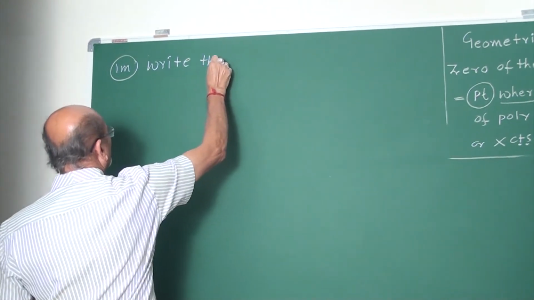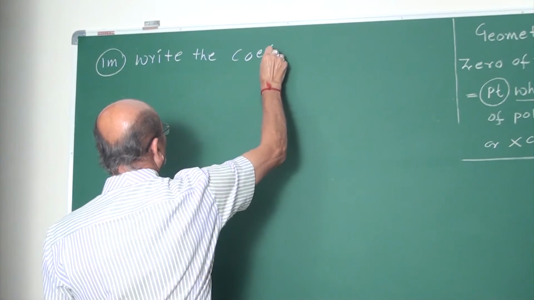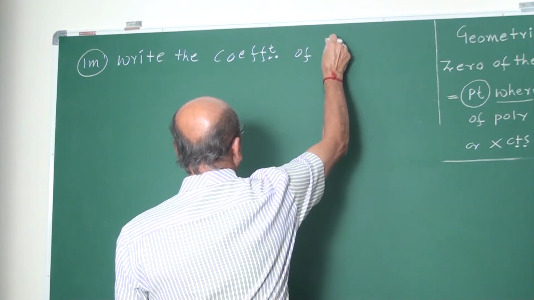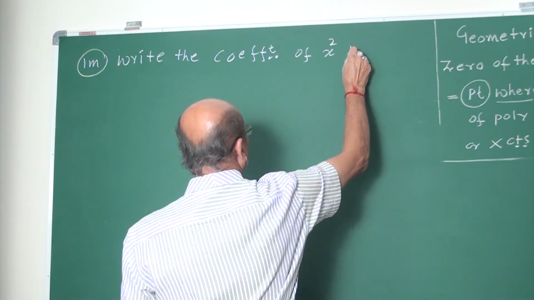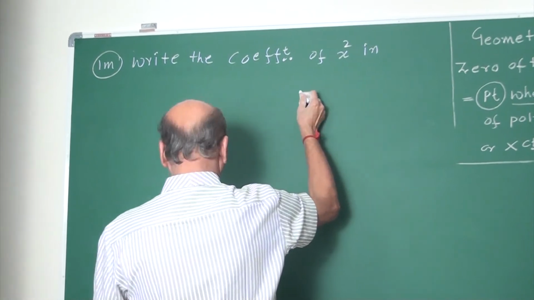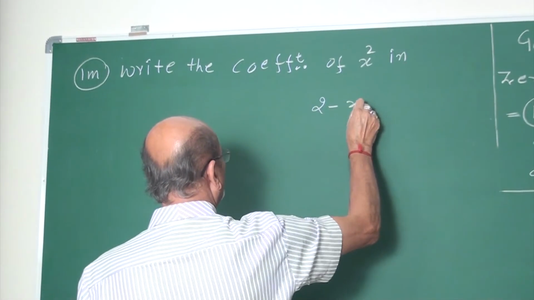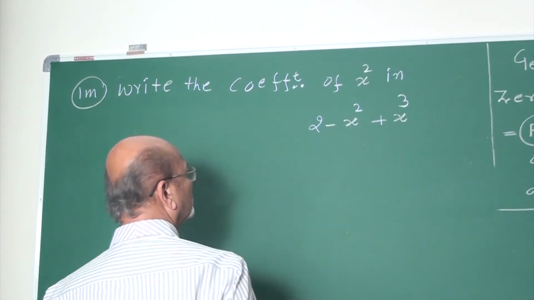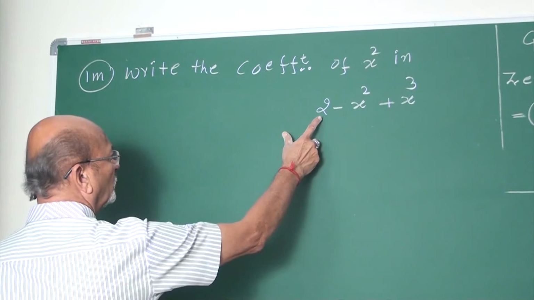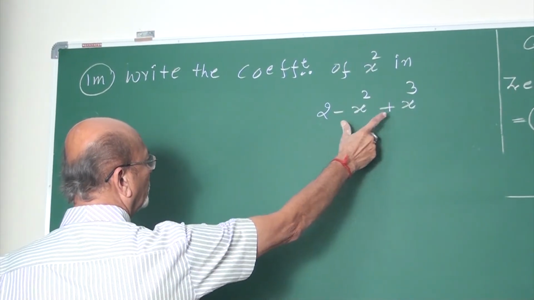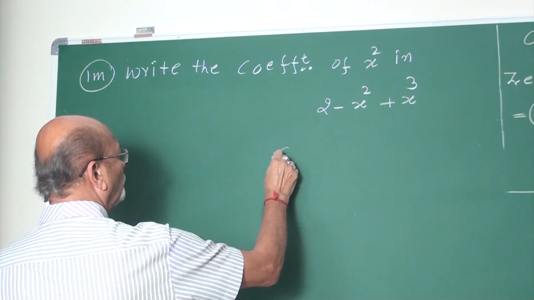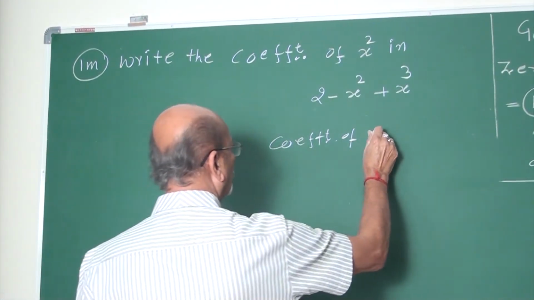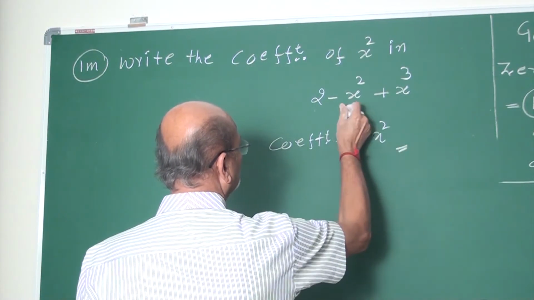Write the coefficient of x squared in the polynomial 2 minus x squared plus x cubed. Tell me, my friend, what is the coefficient of that x squared? The x squared term is here.